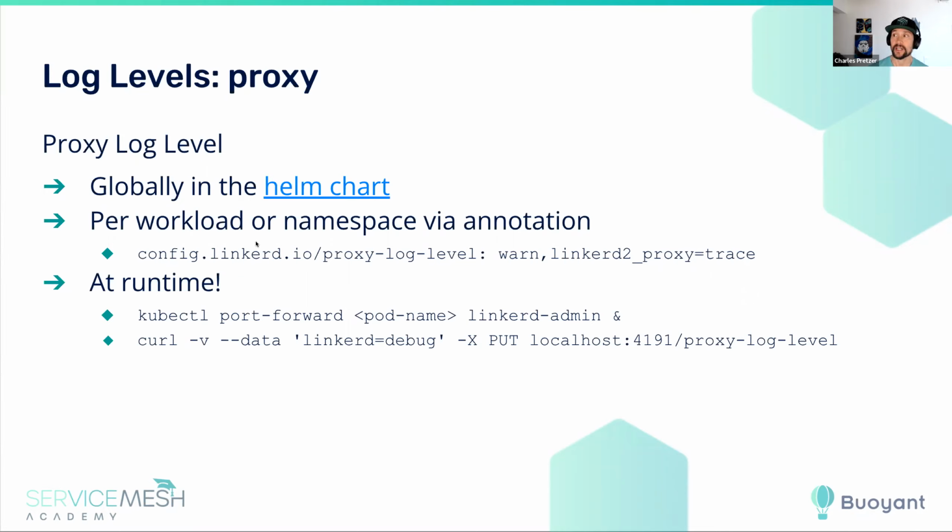And in this case, I've got it set to warn, which is for all of the Rust components, the crates. Those will be set to warn, which is a less verbose level. And then anything in the linkerd2_proxy namespace will have a trace log level, which is very verbose.